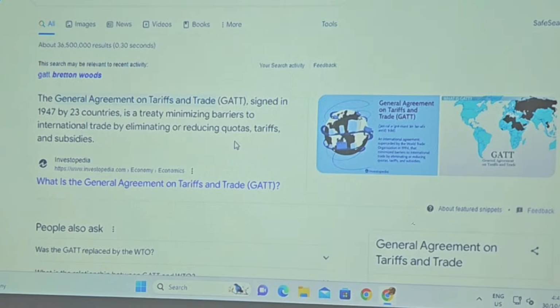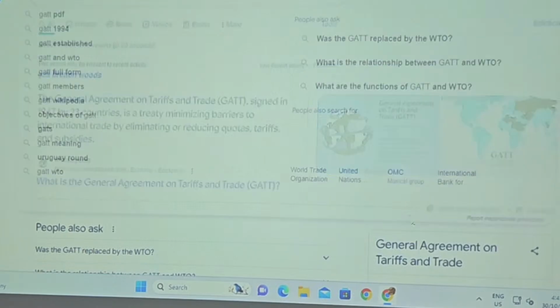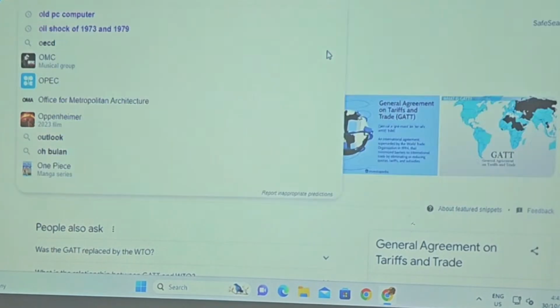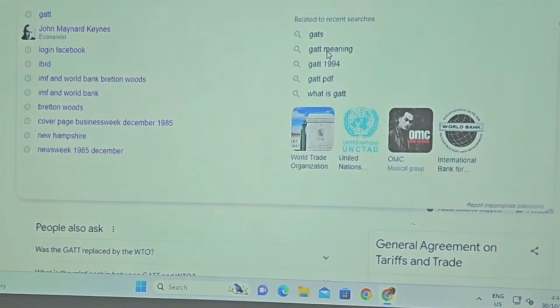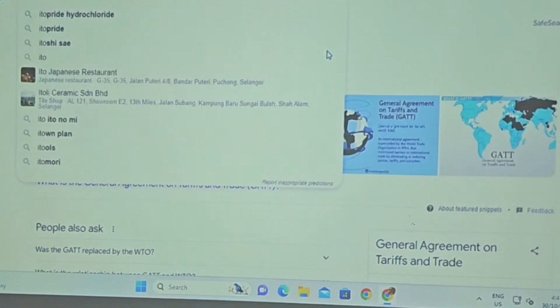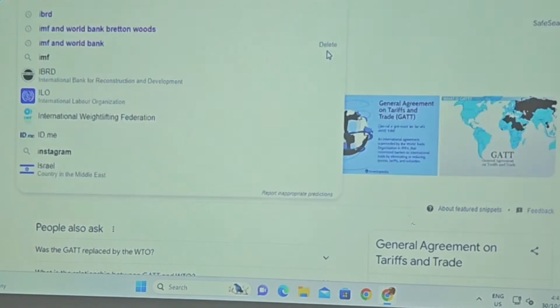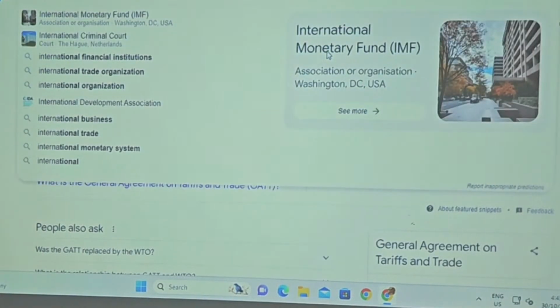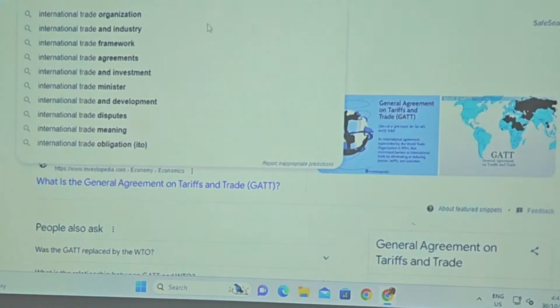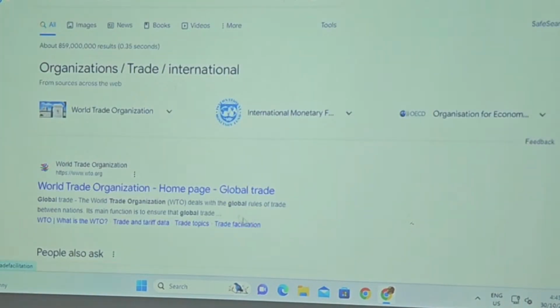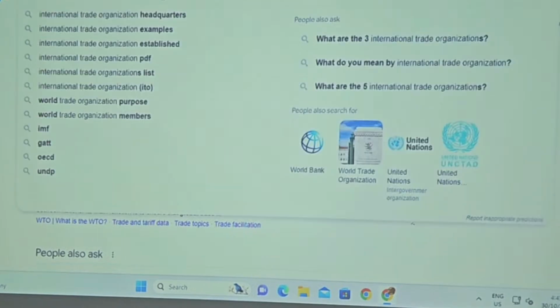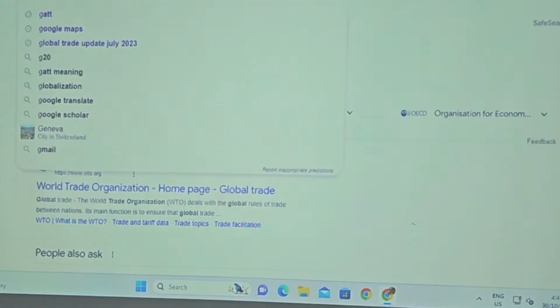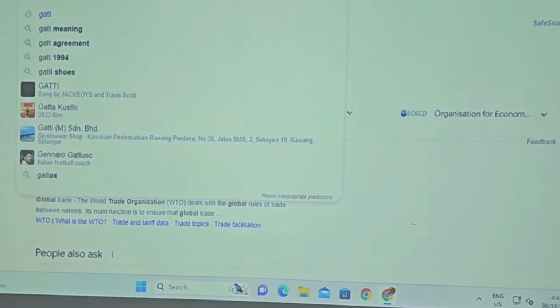In 1947, ITO was proposed, but the United States did not ratify. So this never materialized. The already existing agreement became the de facto.